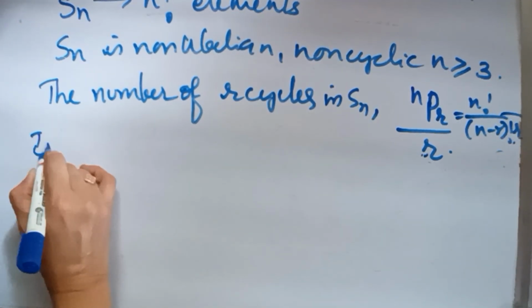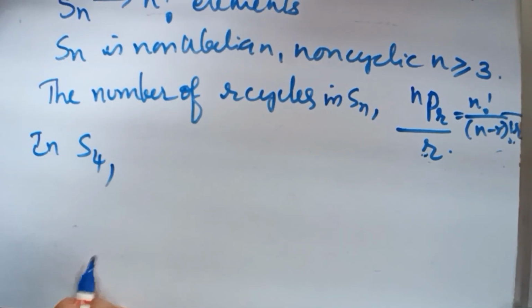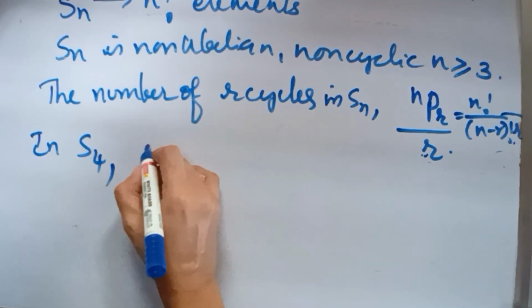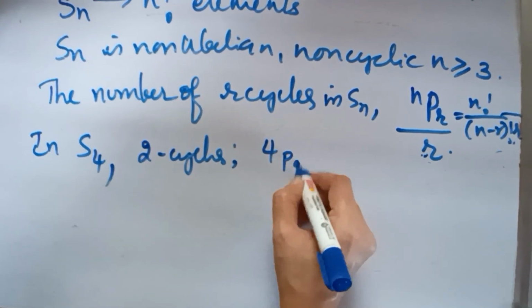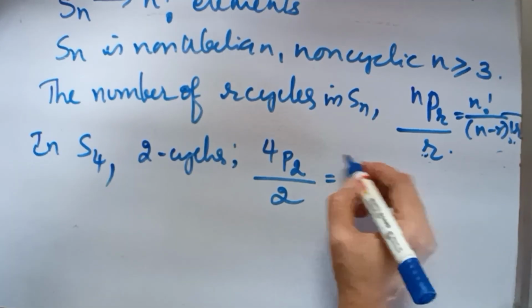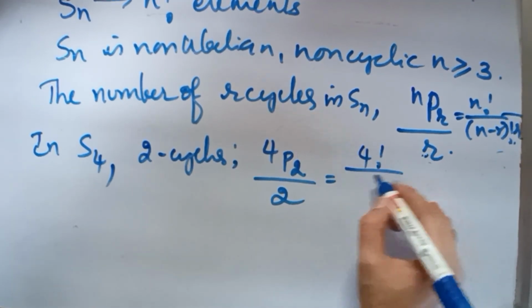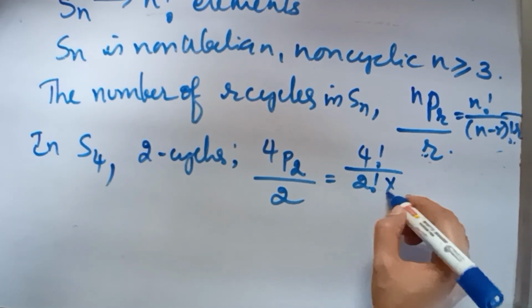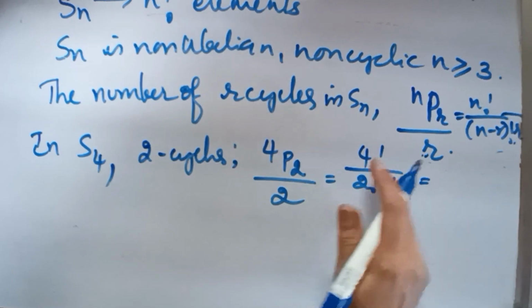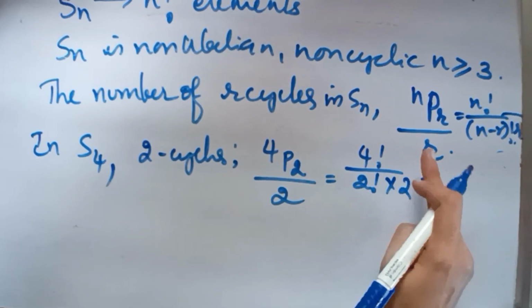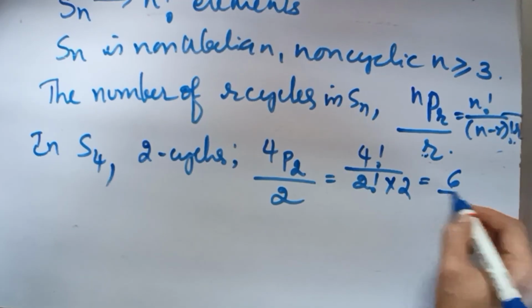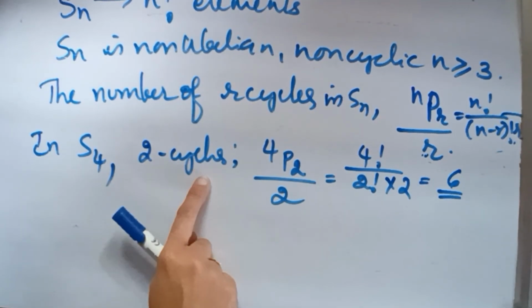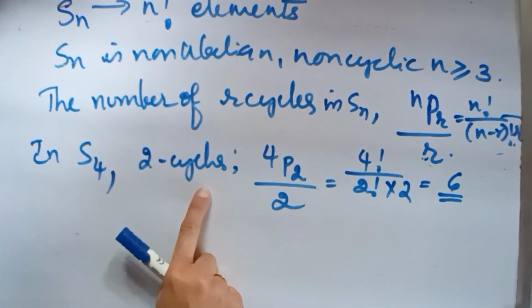So in S4, if you want to calculate, how many 2-cycles are there in S4? 4P2 divided by 2. So 4 factorial by (4 minus 2) factorial, which is 2 factorial, divided by 2. So 4 times 3 times 2 times 1, the 2s cancel, then 2 ones are 2, 2 threes are 6. There are 6 two-cycles, 6 transpositions in S4.